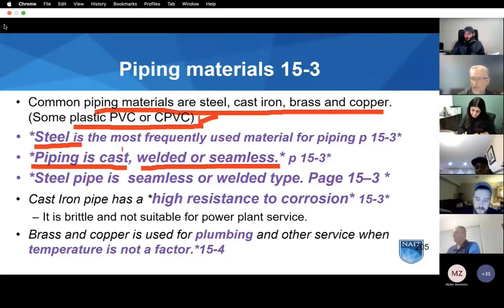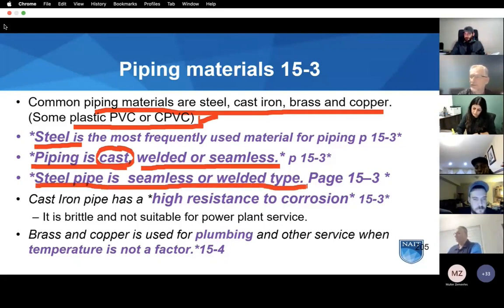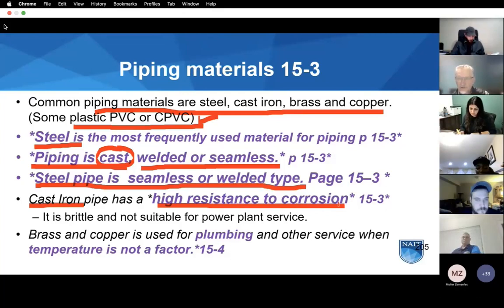We're going to leave the cast steel piping alone. Steel pipe comes in seamless or welded type. Cast iron pipe, we'll mention it briefly. It has high resistance to corrosion, and we know that from talking about cast iron used to build cast iron boilers.